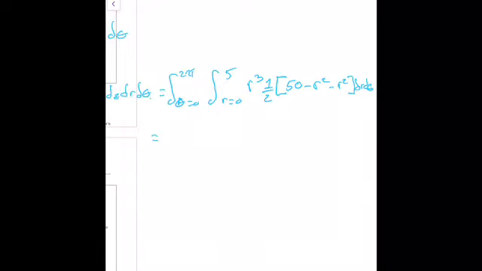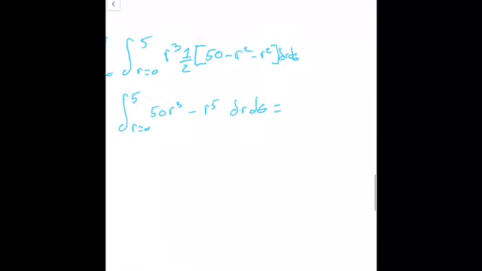So this is equal to 1/2 the integral theta equals 0 to 2 pi times the integral r equals 0 to 5 of 50 r cubed minus r to the power of 5 dr d theta.